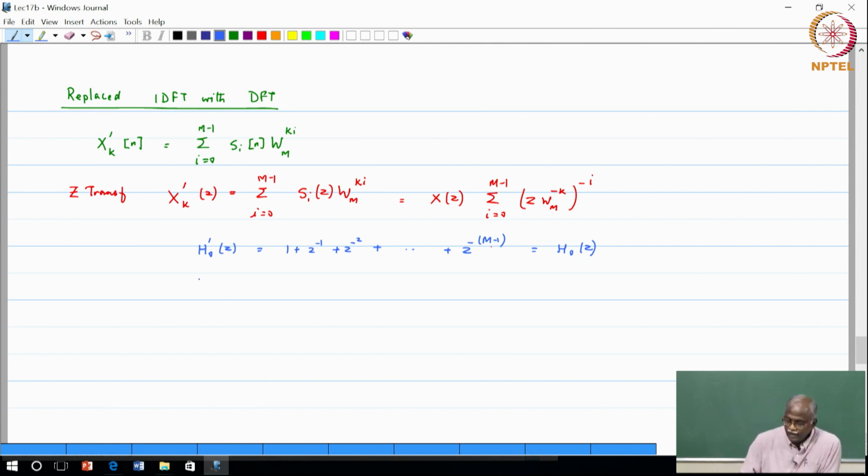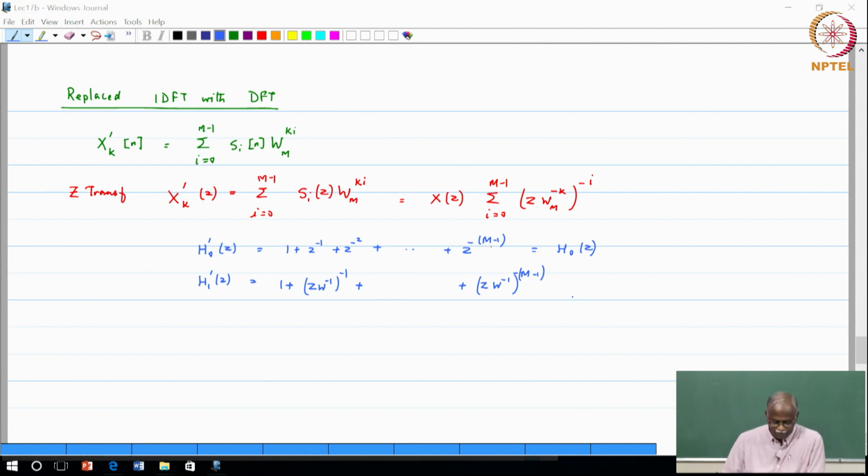Okay. Now, H1 prime of Z comes out to be 1 plus Z W inverse to the power minus 1, basically substituting from the expression above, up to Z W inverse, the last term raised to the power minus m minus 1.